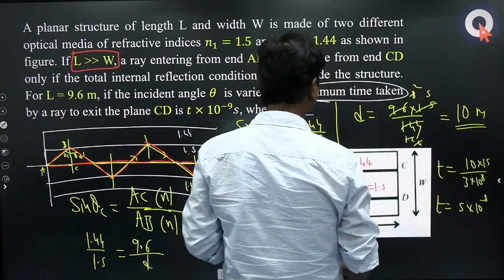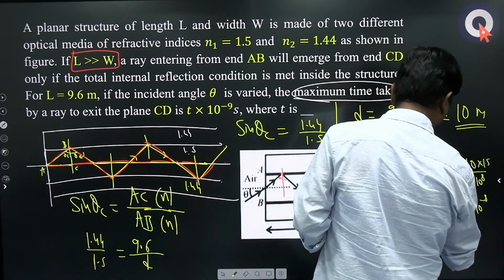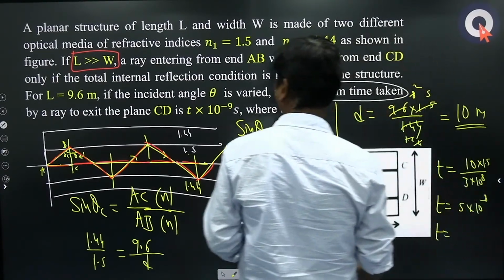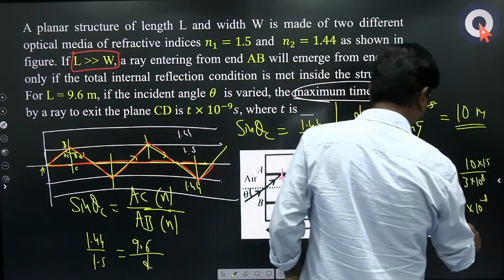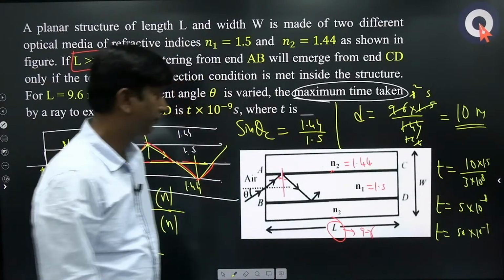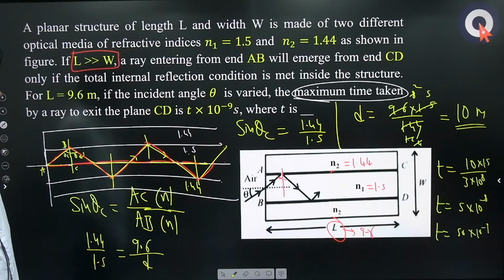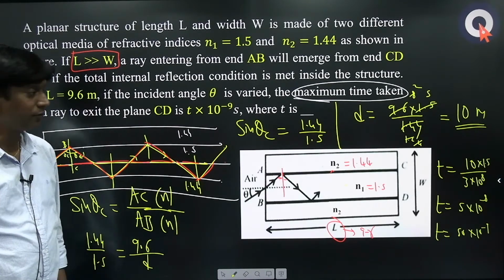Okay. To exit the plane, they are giving something like 10 power minus 9 as the maximum time. So how much do you get? 50 into 10 power minus 9. Check the calculations. So 10 meters is what you are getting, divided by the speed in that particular medium, 3 into 10 power 8 divided by 1.5.